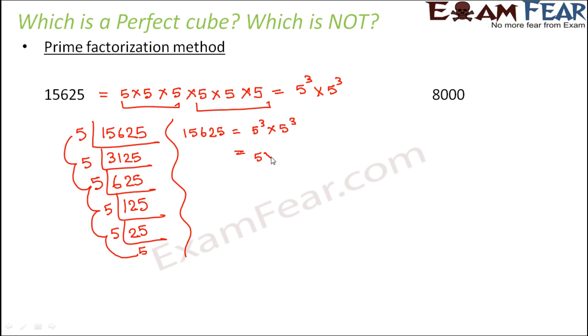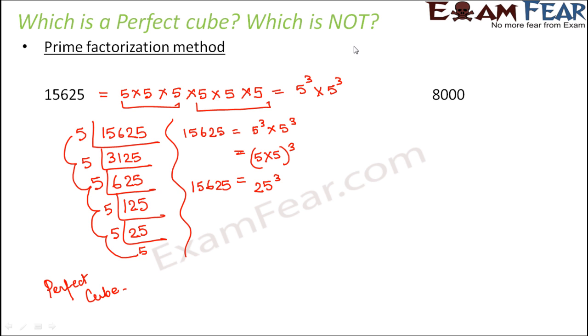This can be written as 5 into 5 whole cube. 5 into 5 is 25, so 15625 is equal to 25 cube. That means this number can be written as the cube of a particular number, so this is a perfect cube.